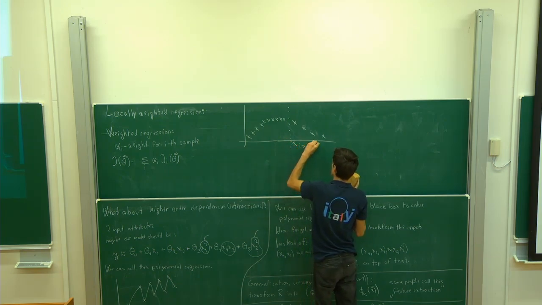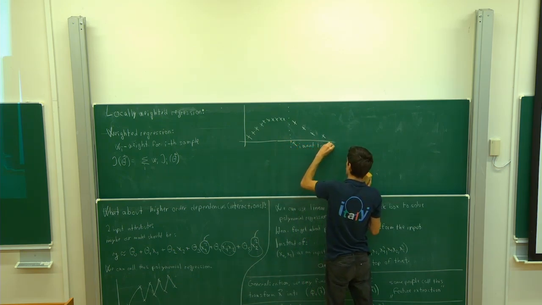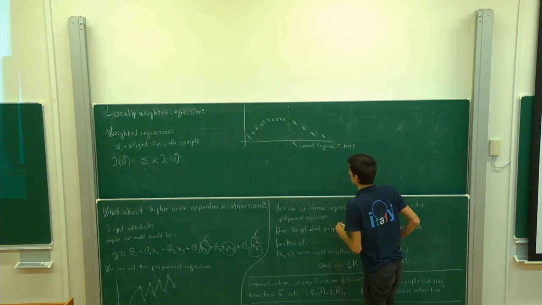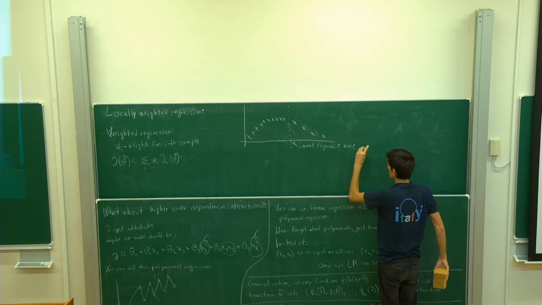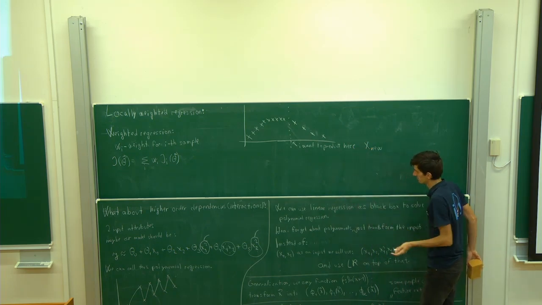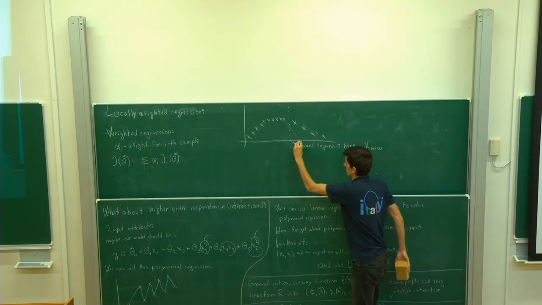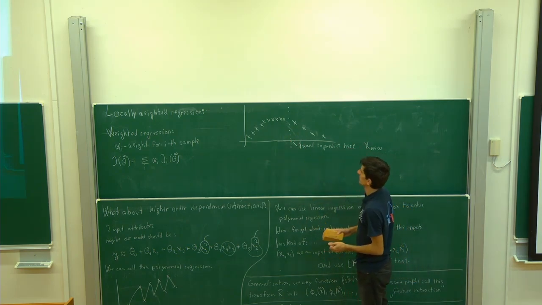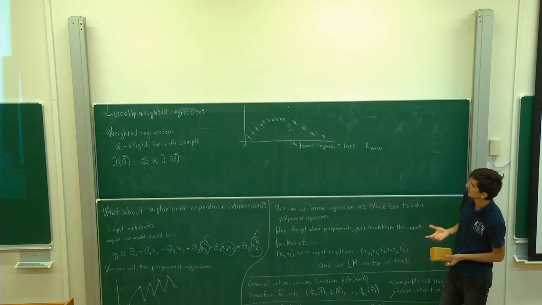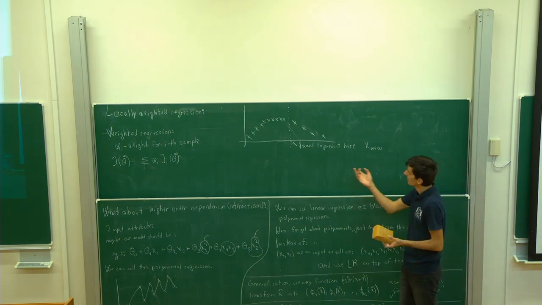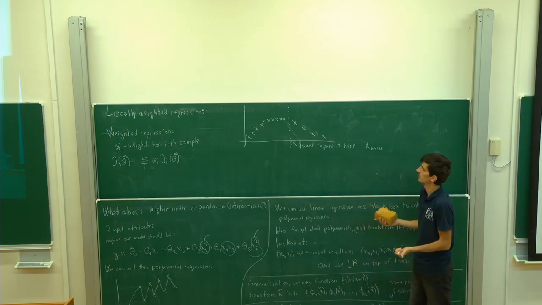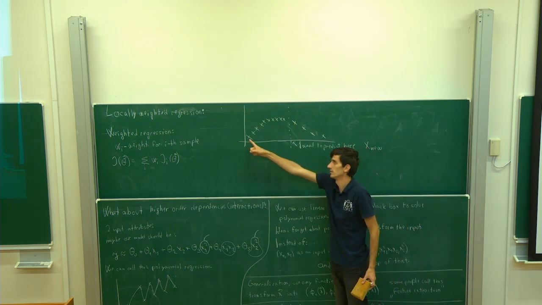Let's call this point some x 0. This is where I want to make a prediction. And actually, the idea of locally weighted regression is that, okay, I care about these samples around me. Yes, I care about them. Do I care about this guy?